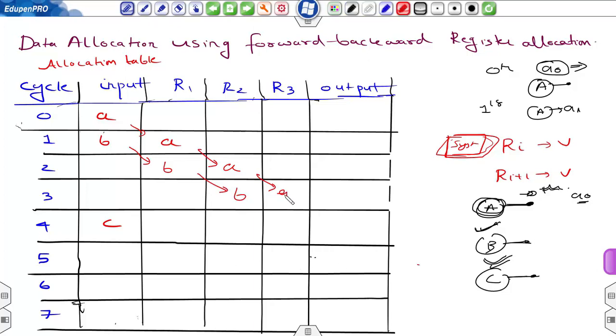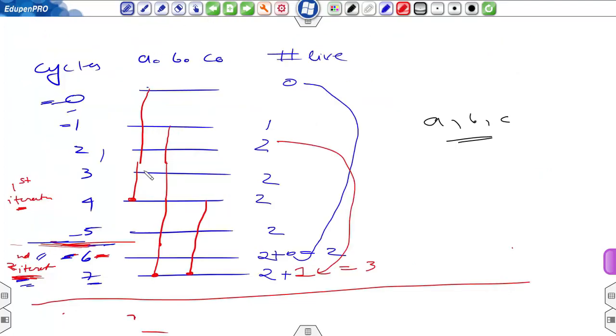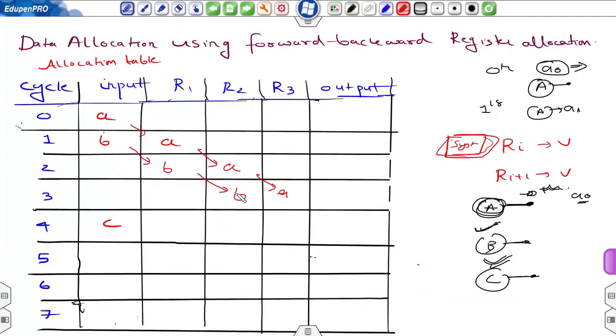So now A is in the last register in the third cycle, and A is dead at the end of the fourth cycle. So for one more cycle we have to save this variable A. Now it will be allocated in a backward manner, and in the fourth cycle B will be moved to register R3.